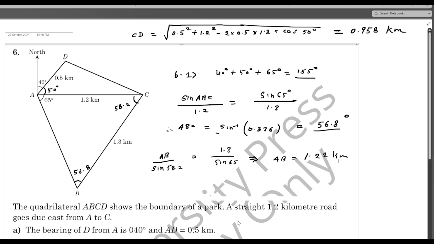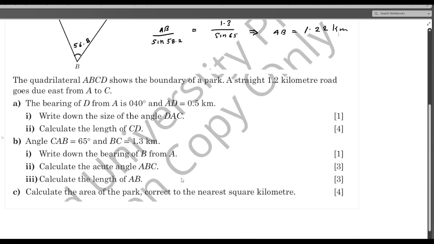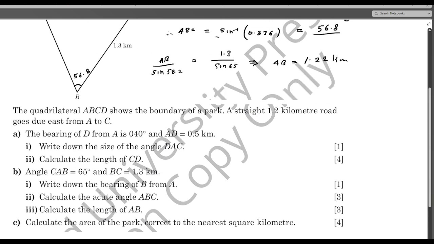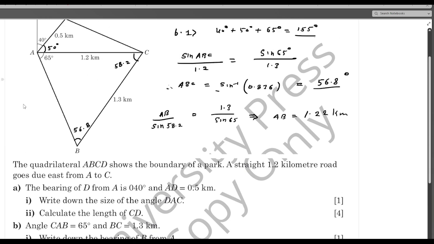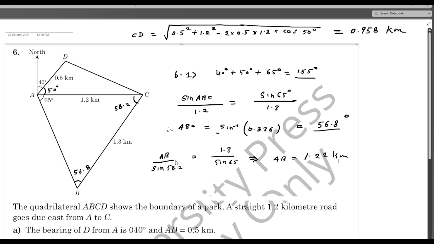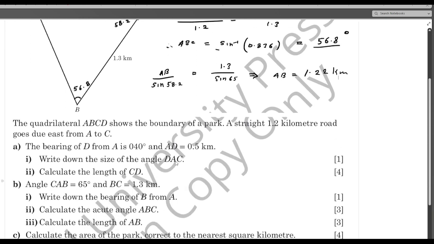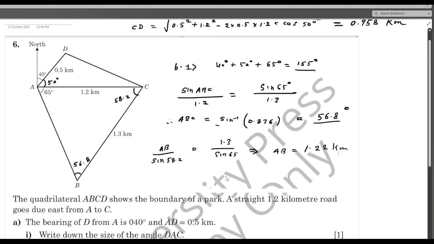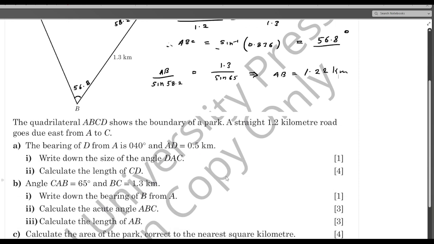Now C part, calculate the area of the park corrected to nearest square kilometer. Area of the park. So this park consists of two triangles, and area of both the triangles we can find out. For the upper triangle, is the area given? No, area is not given.